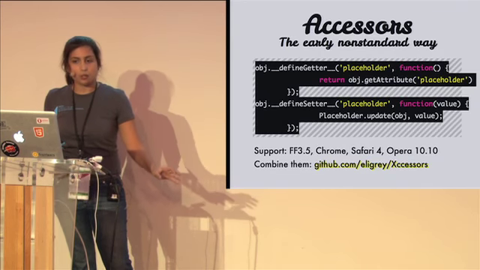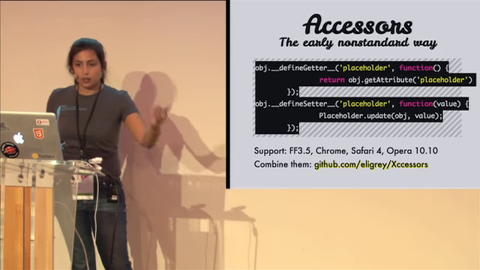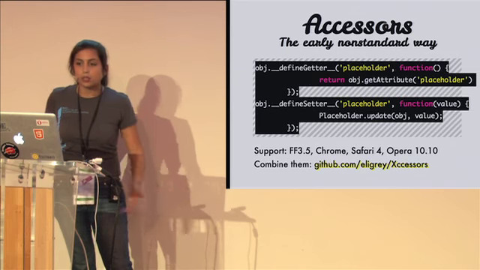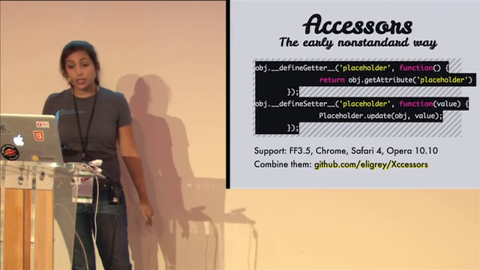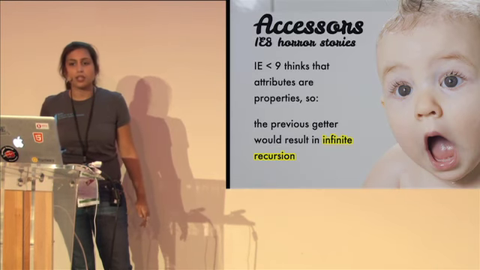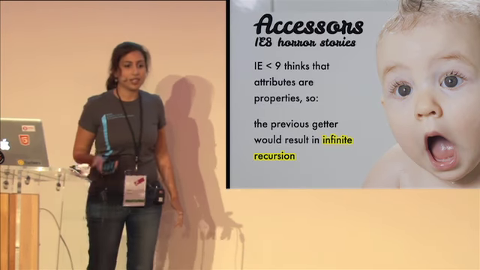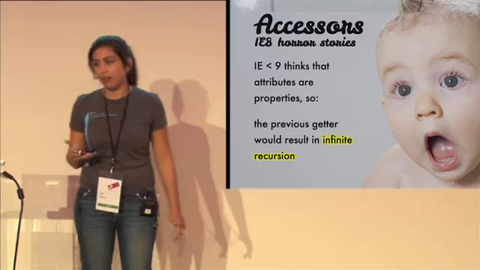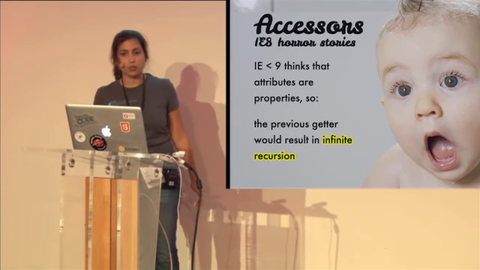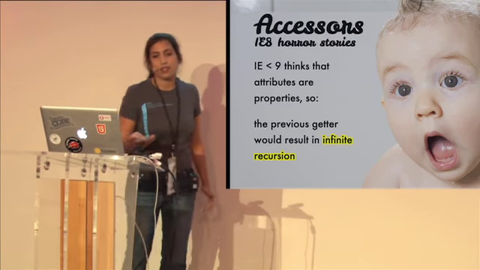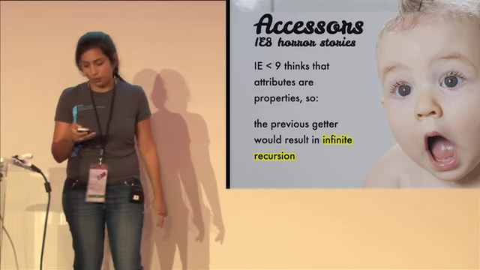We try to read the placeholder attribute, so we try to read the placeholder property, because attributes and properties are the same for old IE. So what does this give us? It gives us infinite recursion. It's that horrible. We will actually make a script that's really slow, and it will end in a stack overflow.